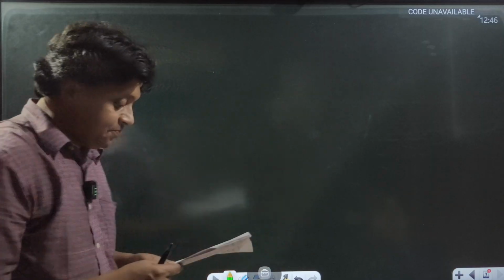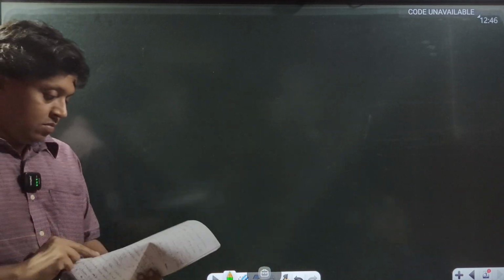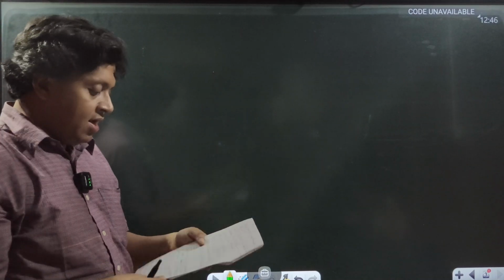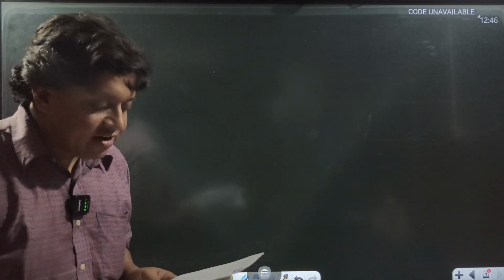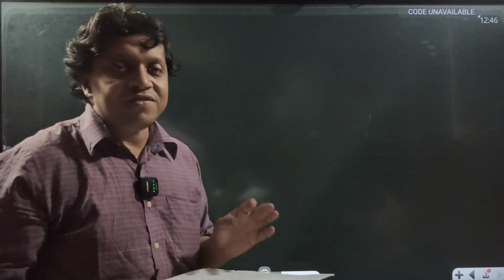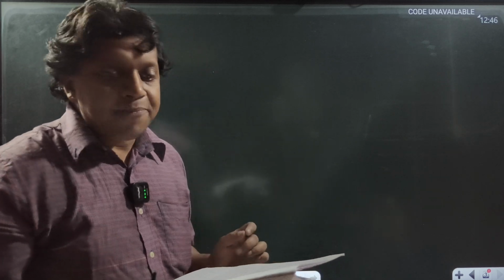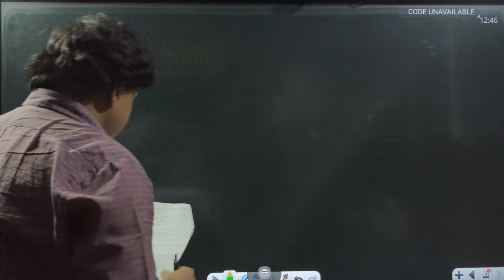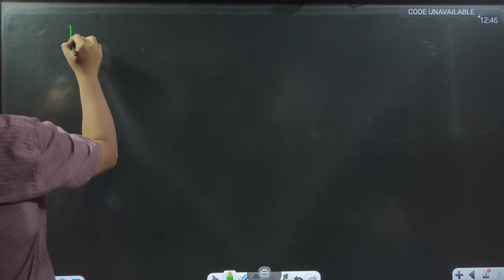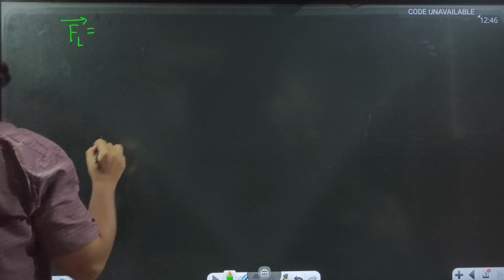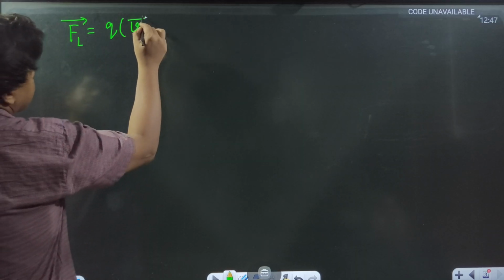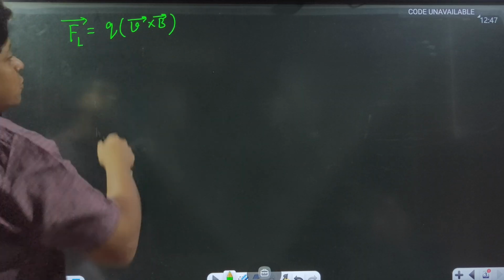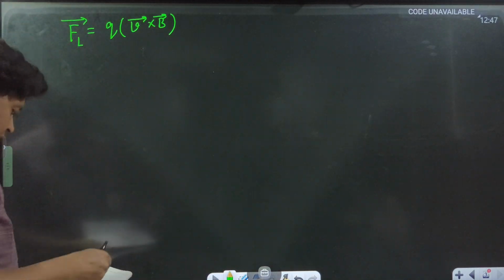So now we have to change the page. Now, as time keeps on elapsing, for t greater than 0.2 second, the electric field is switched off and a constant magnetic field 6 j cap Tesla is turned on. So when a magnetic field is turned on, the charged particle will be experiencing Lorentz force. This is too simple. The Lorentz force is, this is the Lorentz force that the particle experiences.